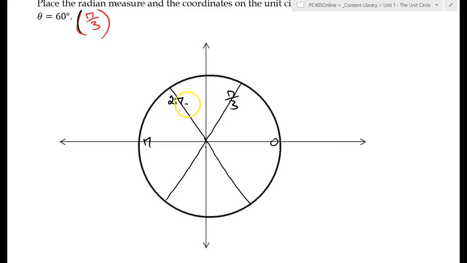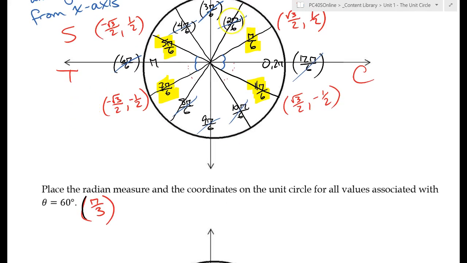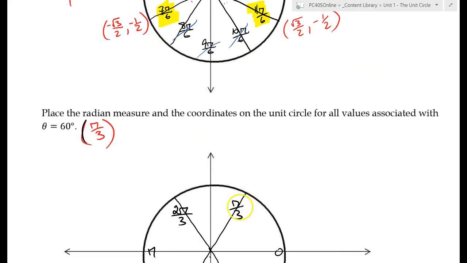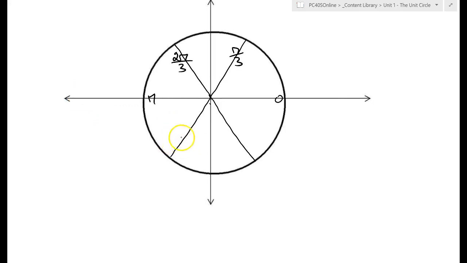This would be 2 pi over 3. And again, we see that when we look up here, 2 pi over 6 would reduce. 2/6 is 1/3, and that's what we're seeing here. Okay. Here we've got 3 pi over 3 is another way of thinking about it. And that'll kind of come in handy later when we start talking about identities in our third unit.